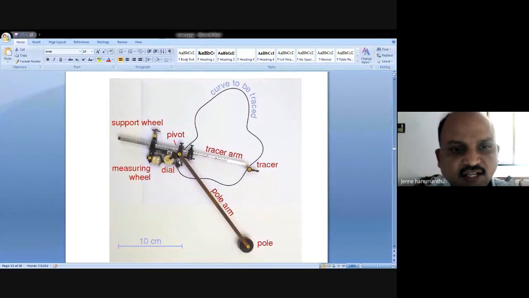This is the irregular shape of the curve. How much area this solid curve occupies, that we want to measure.